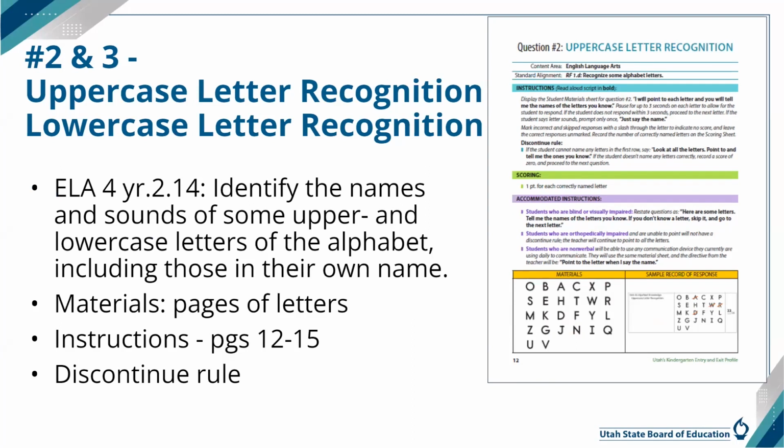So your students who do struggle, if they cannot name any letters in the first row, you open up the entire page and say, look at all the letters, point to and tell me the ones you do know. So that we're not forcing them to go row by row, but instead opening it up for them to identify anything that they recognize.